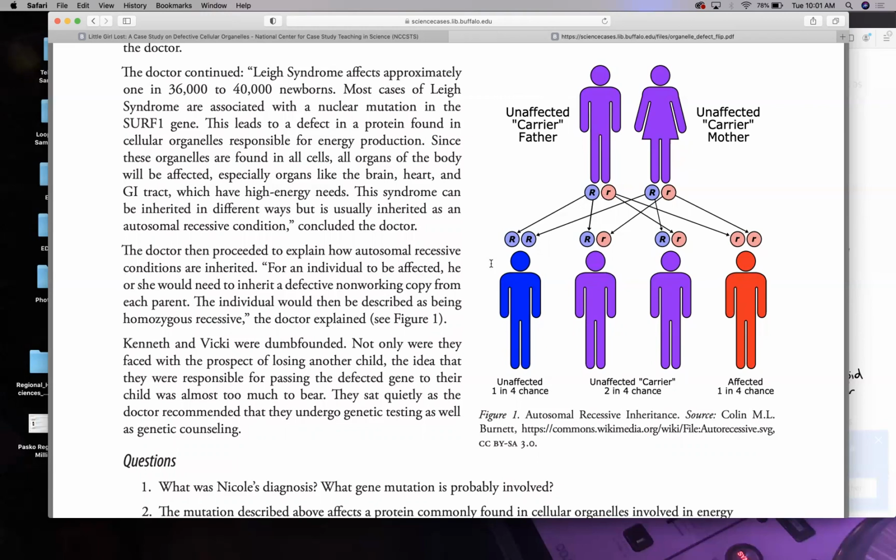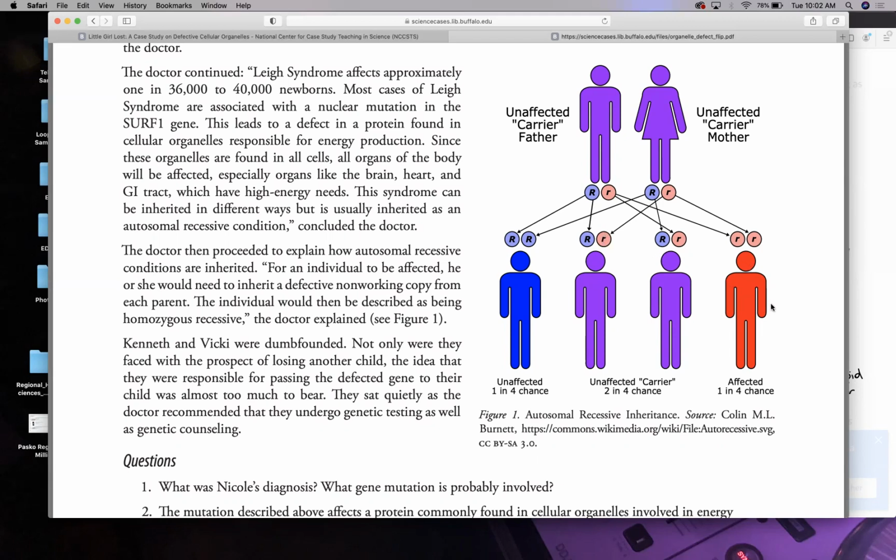Now, a person without any sickle cell disease will have 2 capital letters right here, right? And you could see where he got 1 from his dad and 1 from his mom. Or you could be a carrier, which means you have the dominant capital R, and that represents that this person will be a carrier, just carrying the little r, which is the disease.